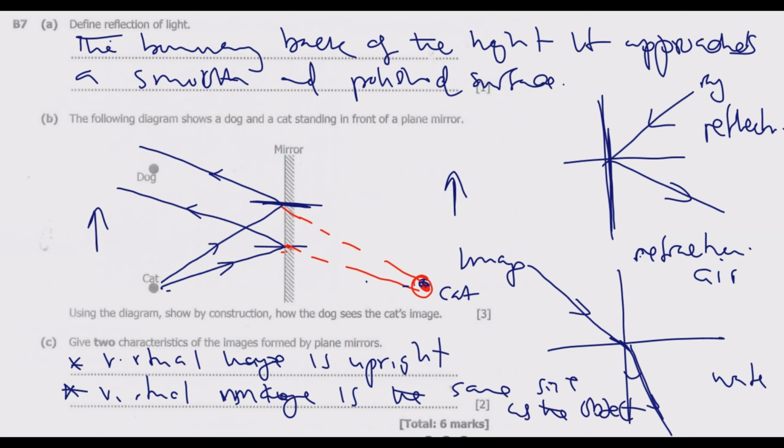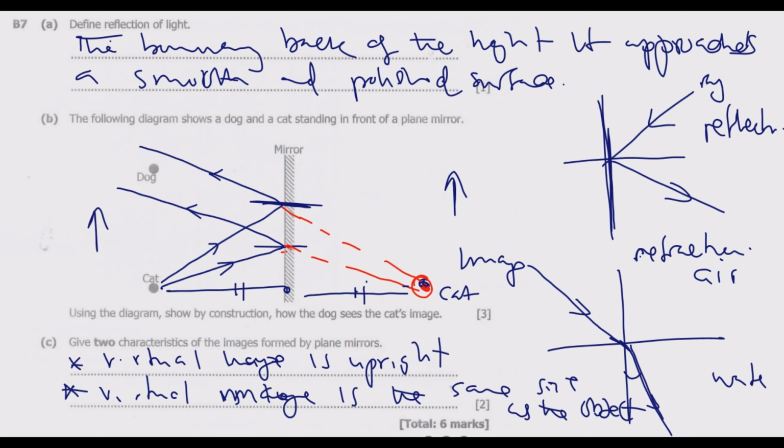So if the object is 10 centimeters in height, then the image will also be 10 centimeters. That's what it means. So these are the two that we can give, but in case we are asked to give more than two, you can also say that the distance of the object from the mirror is the same as the distance of the virtual image from the mirror. That's number three.